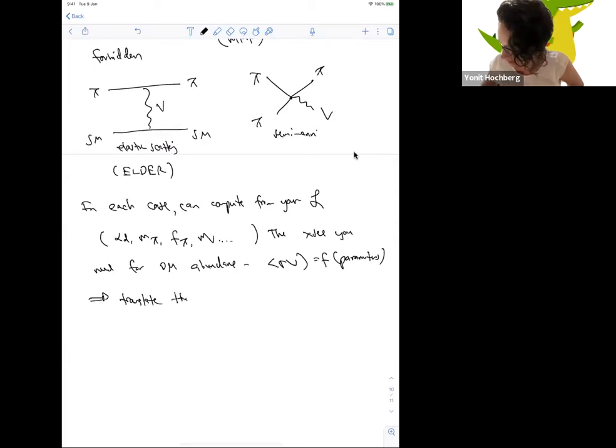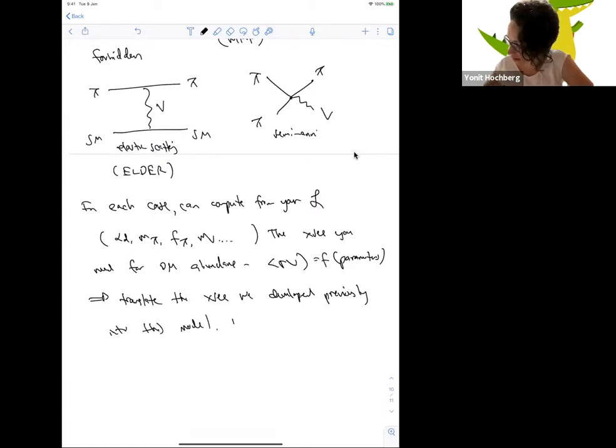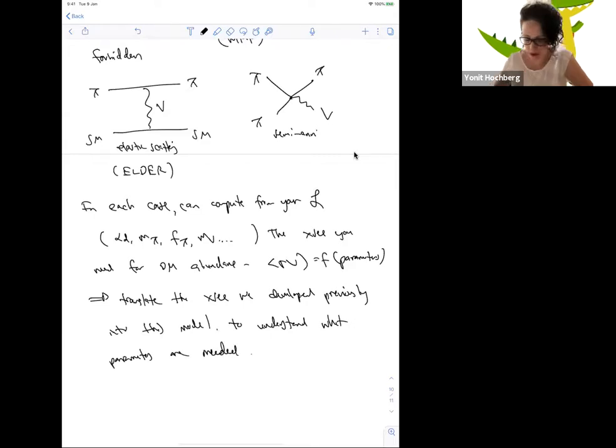You translate the cross section we developed previously into what needs to happen for this model, to understand what parameters are needed in your model.